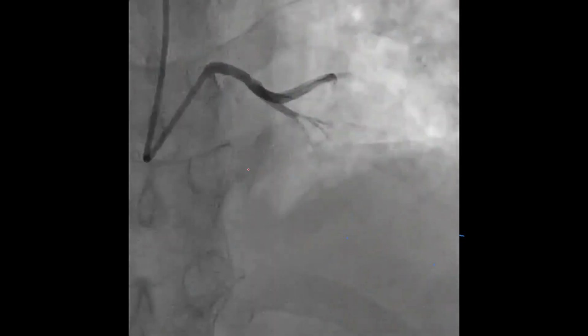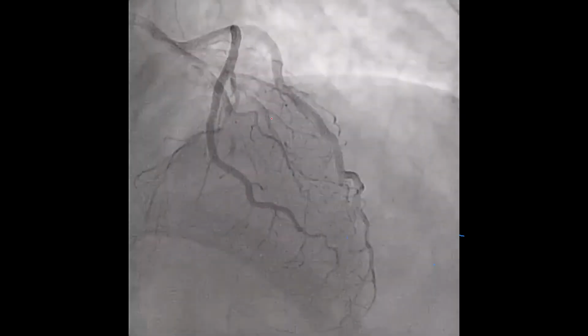Nobody? Yes, again, this is LAD, normal flow, but there is proximal calcification. Okay, proximal calcification. And what about the LAD, which is here?